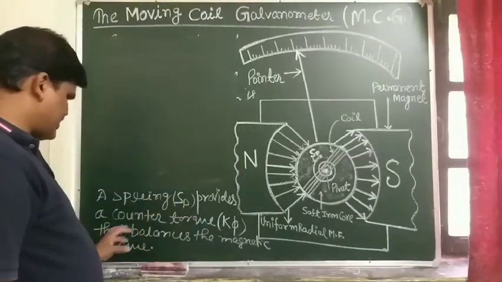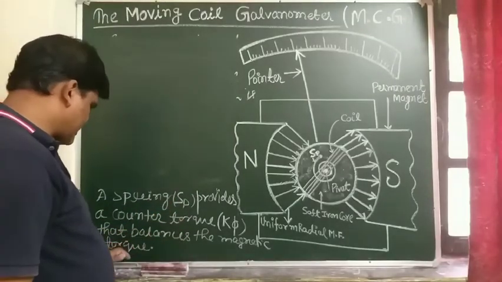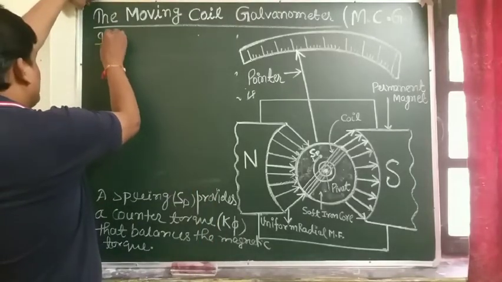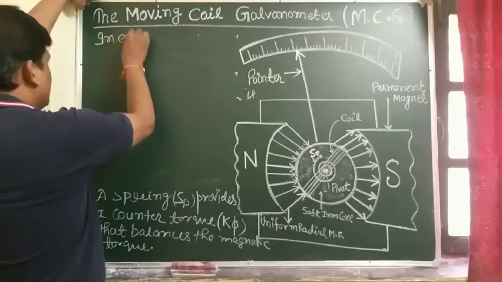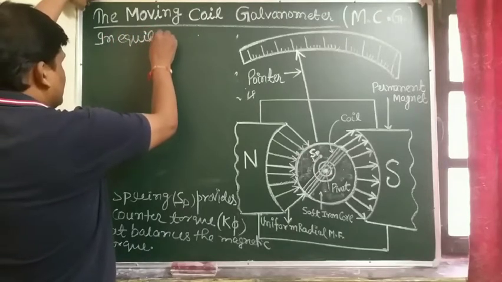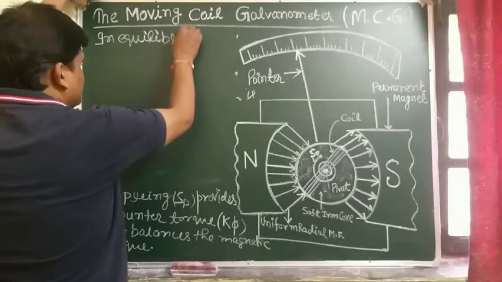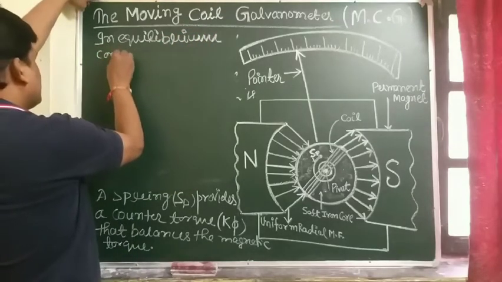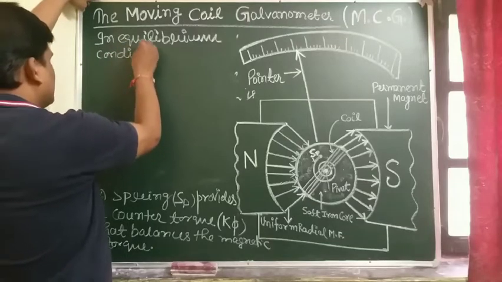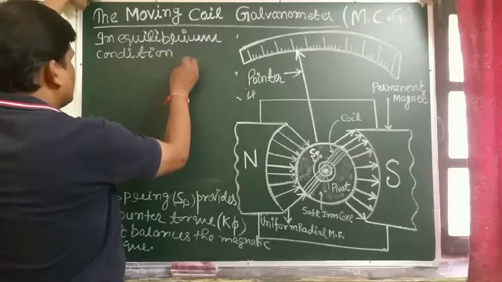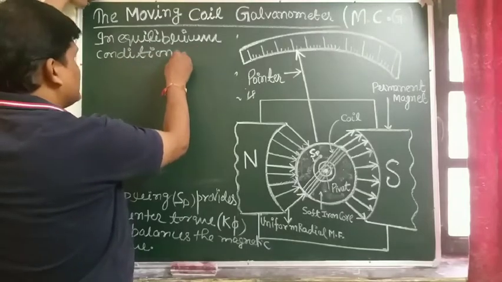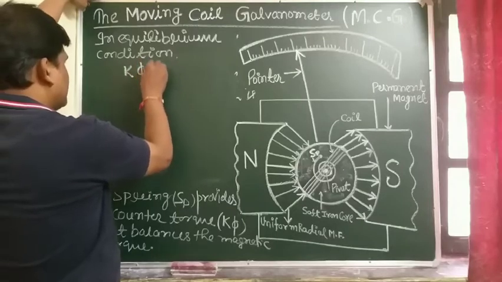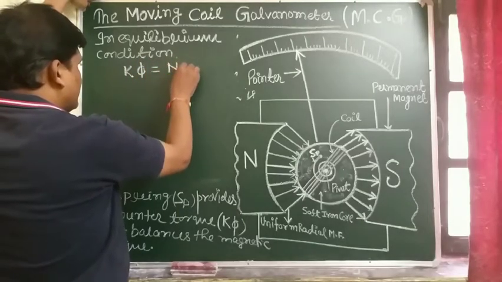A spring SP provides a counter torque that balances the magnetic torque. In equilibrium condition, K phi, which is the counter torque, is equal to the magnetic torque.